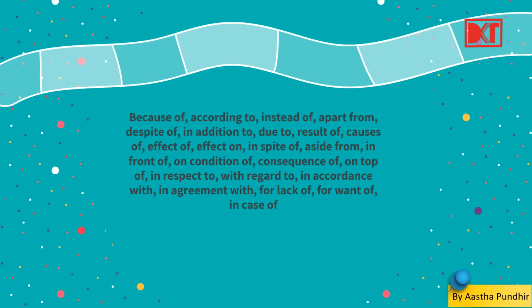These are the various examples of prepositional phrases which are formed. Like here we have because of, according to, instead of, apart from, despite of, in addition to something, due to something, result of something, causes of something, effect of, effect on, in spite of, aside from, in front of, in condition of, consequence of, on top of, in respect to, with regard to, in accordance with, in agreement with, for lack of, for want of, in case of.